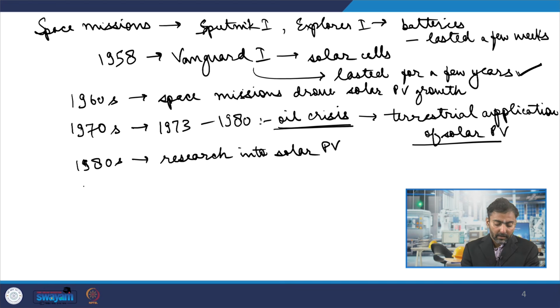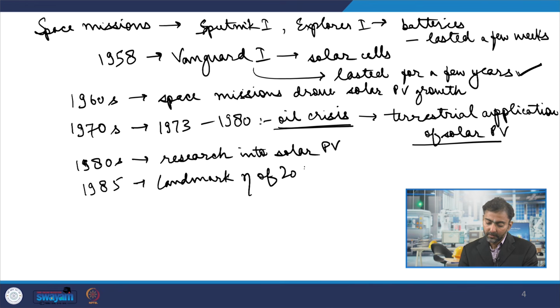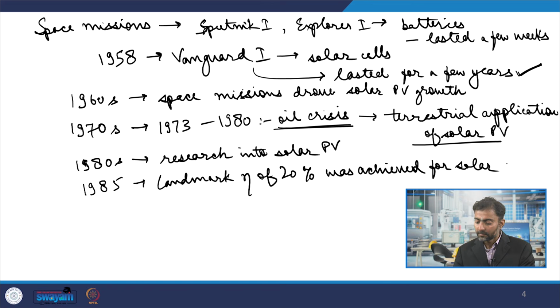In fact, in around 1985, the landmark efficiency of 20% was achieved for solar cells.